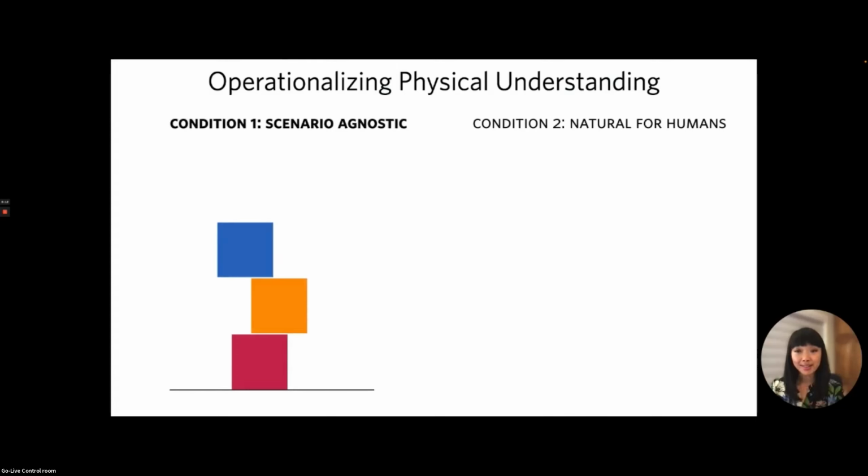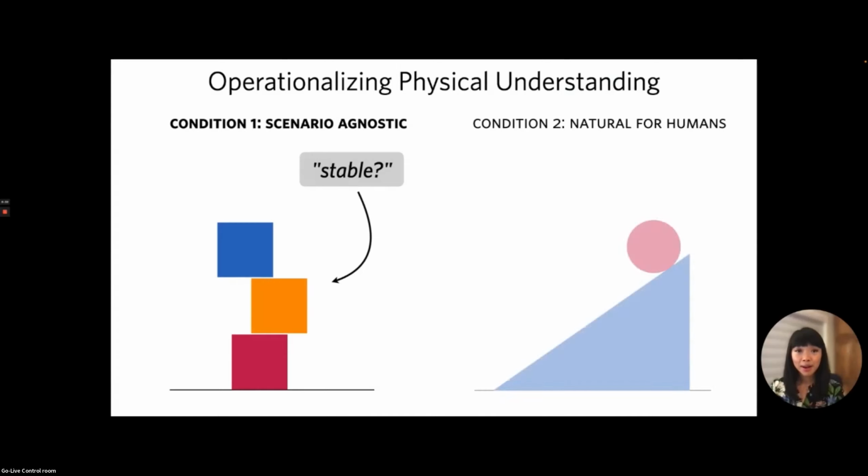If you focus on only a single physical domain, for example, block towers, then there might be an especially salient physical property, such as stability, and then you can conduct all of your evaluations using stability. But if you're looking at a ball about to roll down a ramp, being asked to judge whether the scenario is stable or not is a lot less informative about the scene.